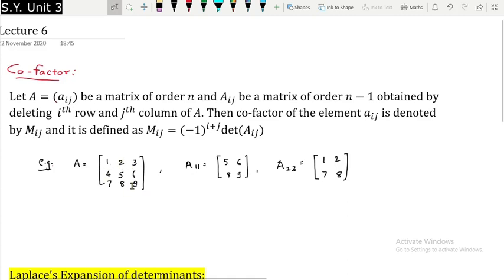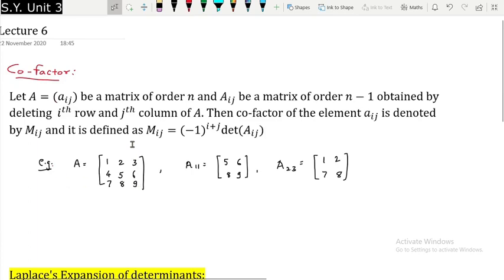Similarly, we can find the cofactor of the element A33. The cofactor is denoted by capital M with suffix ij. If you are finding the cofactor of A12, it will be M12, and for A33, it will be M33.